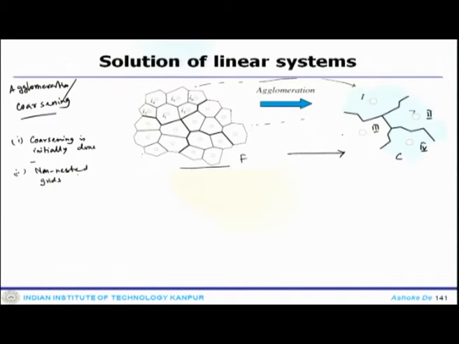But in that case there is a problem that transferring information from one level to another level is quite expensive. That is why this kind of process has some limitations. Then you can go to finest mesh and get your solution done, and from there you do the coarsening and through this agglomeration process.